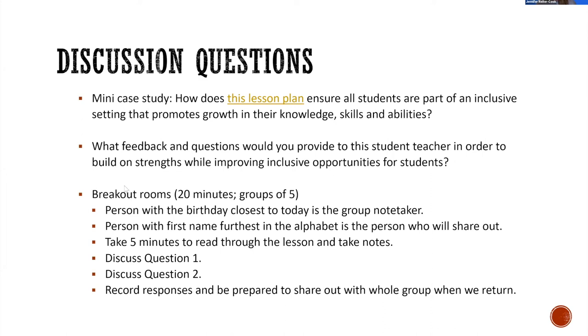The person with the birthday closest to today will be the note taker. The person with the first name furthest in the alphabet is the person who will share with the whole group when we come back. Take 5 minutes or so to read through the lesson plan, and then discuss questions 1 and 2. And then we'll come back together and see what we have to share with each other.